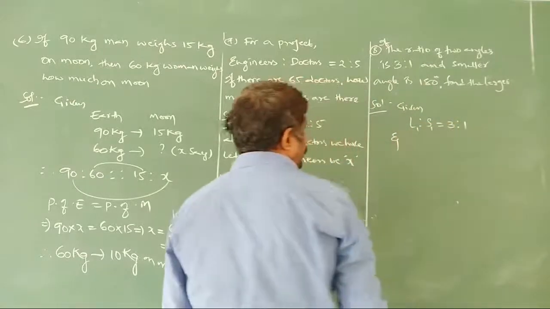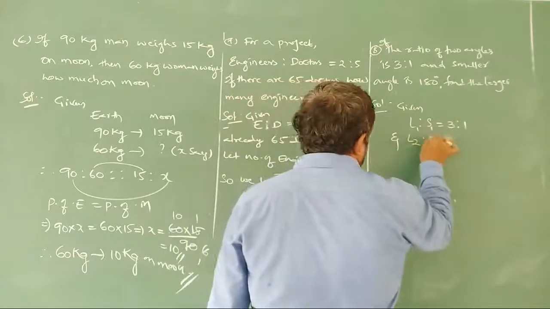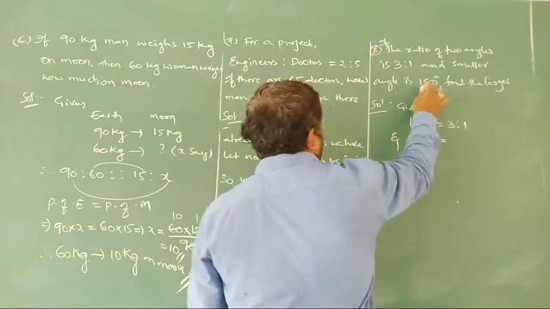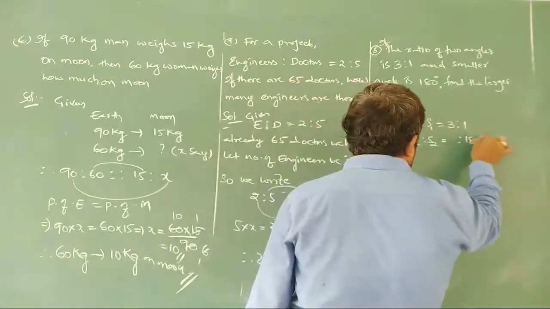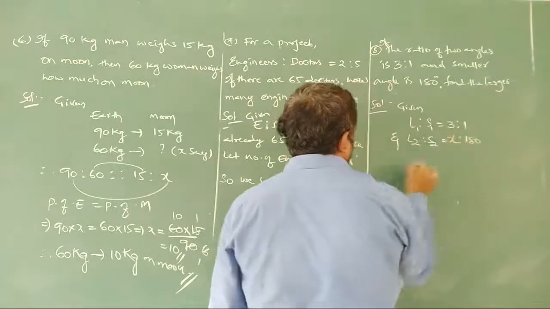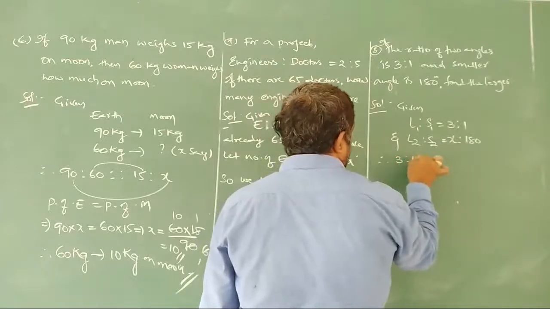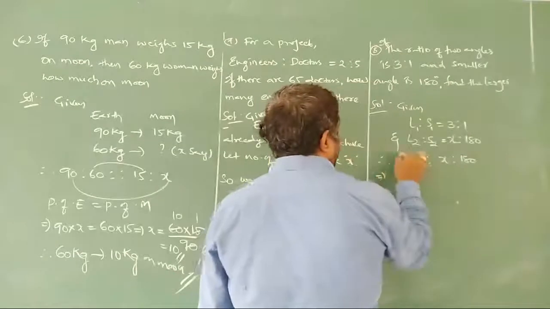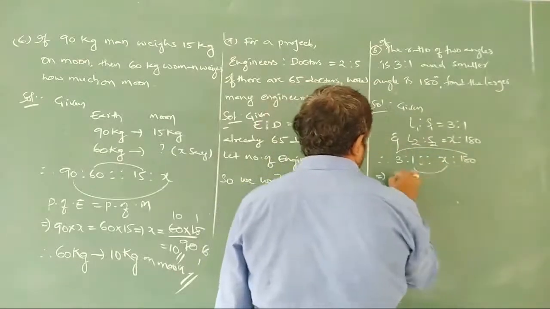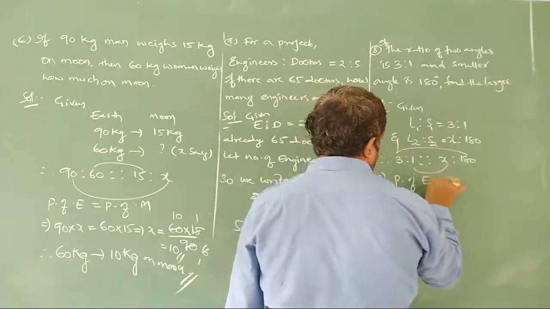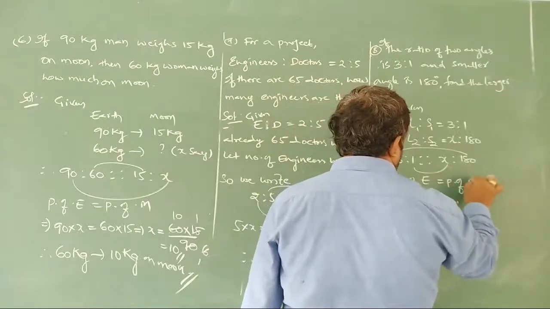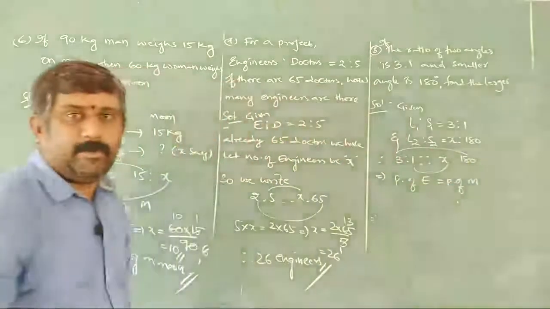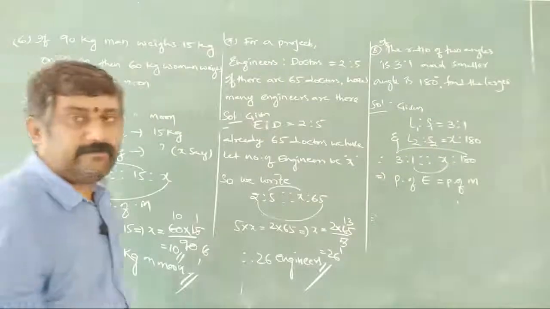L1 S1 you can assume here. Now L2 is to S2. This is the smaller angle, so we will get 180 here, and assume this as x. So therefore 3:1 is proportionate to x is to 180. Again, product of extremes is equal to product of means.